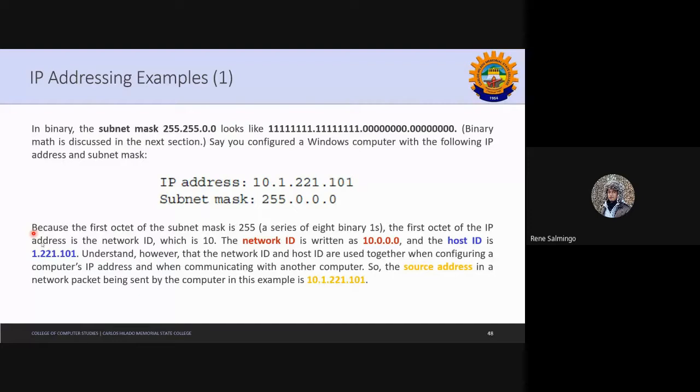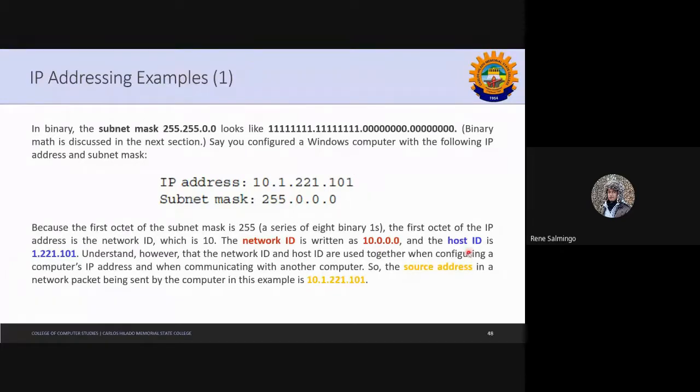So if you, for example, configure this IP address, what would be your network ID? Your network ID would be 10.0.0.0. So this is your network ID. What is your host ID?